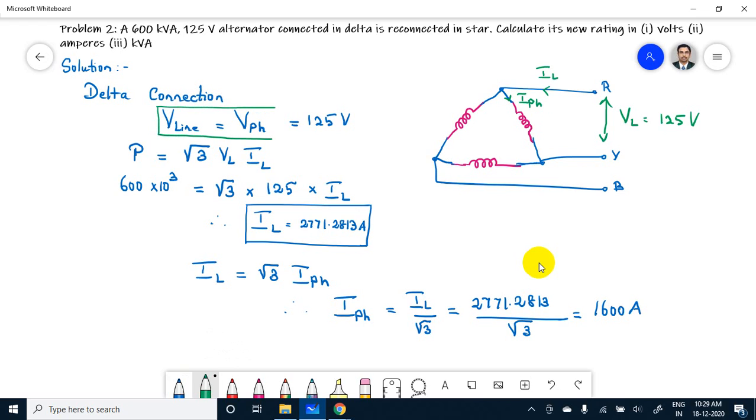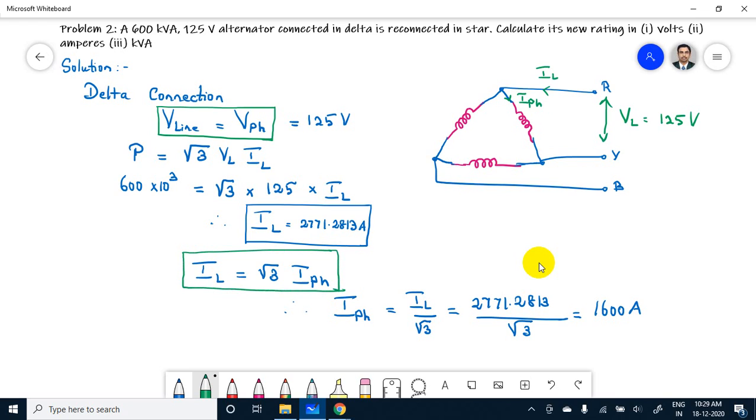So in delta connection, the line voltage equal to phase voltage. This is formula number 1, and line current equal to root 3 into phase current. These are the two formulas in delta connection. This is my procedure number 1.